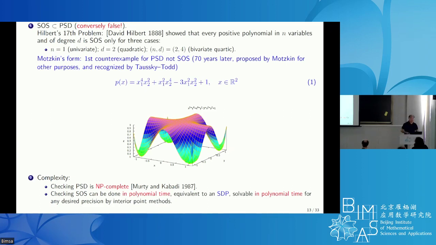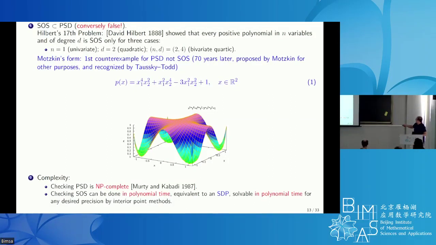But unfortunately, Hilbert hadn't provided any explicit example. He proved it in a non-constructive way to show that the result is true. Just after 70 years, the first counterexample was provided by Motzkin for another purpose, and recognized by some people in the field of optimization, like Todd, who showed that this polynomial, with just two variables, is indeed a PSD polynomial, just as in this figure.